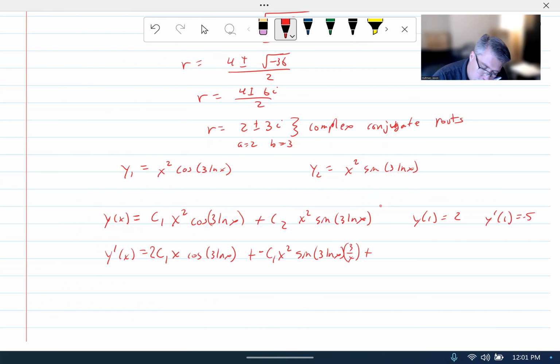Plus the derivative of the second one here.